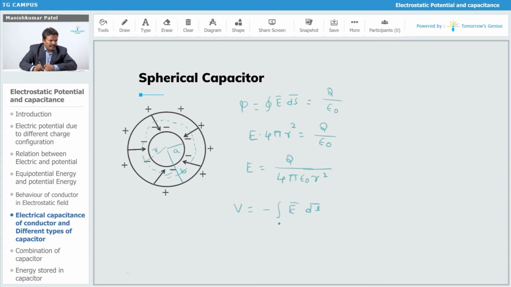We are moving from A to B, and the direction of E and dl are always opposite, so the minus will become plus. Putting in the values from A to B, Q upon 4 pi epsilon naught r square into dl, and instead of dl you can consider dr.